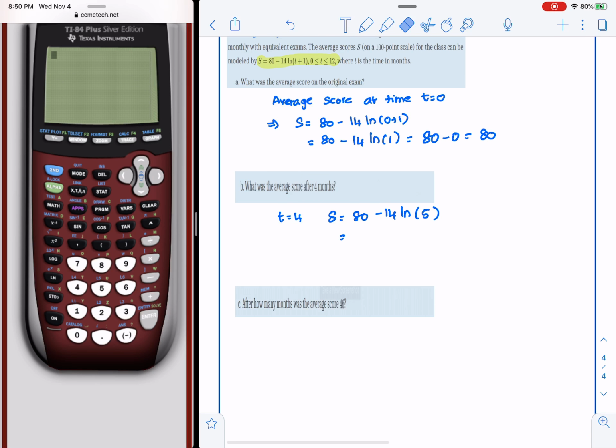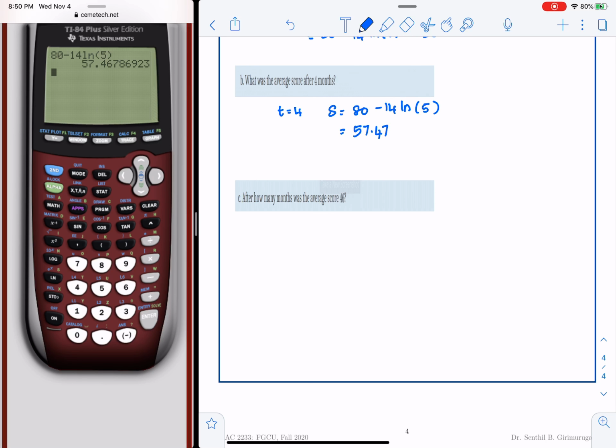We can evaluate this directly using the calculator: 80 minus 14 ln of 5, which gives us 57.47. So the score decreases after 4 months to 57.47.